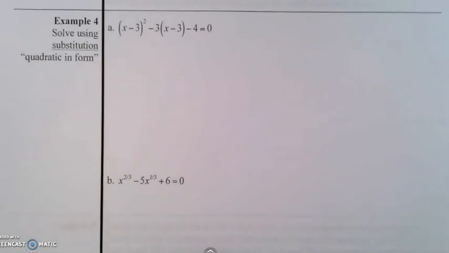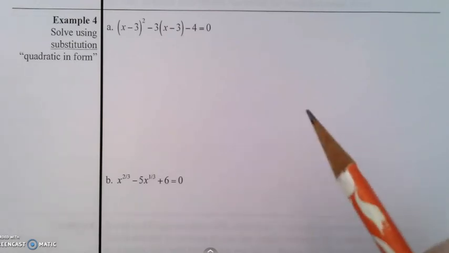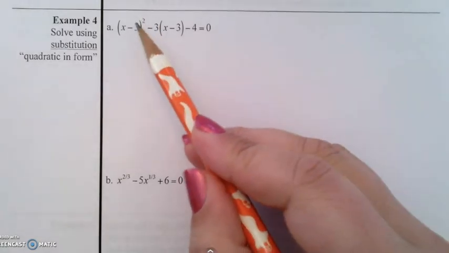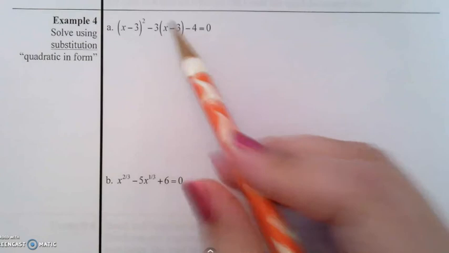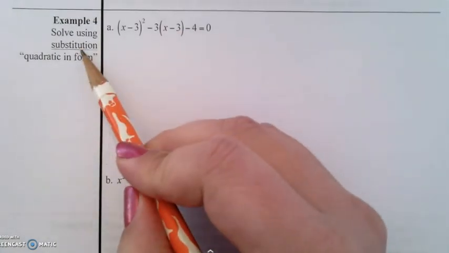Okay, looking at the next example, again, we're looking at this equation that looks kind of quadratic, but it's a little bit different than what we've seen before. Now, we could follow order of operations, FOIL out our first binomial, distribute into our second term, collect like terms, and then factor, or we can solve it by substitution.